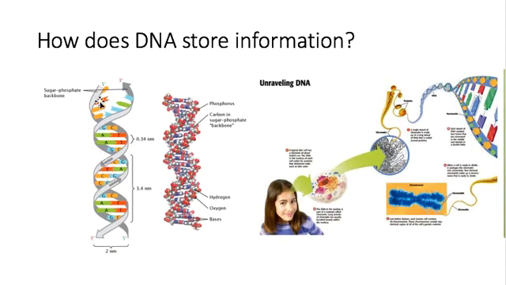As you know, the backbone of each nucleotide is going to be the same, the sugar phosphate backbone. But what really is different is the pairing of the nitrogenous bases. And so the sequence of these four bases is what stores instructions to build any living organism.